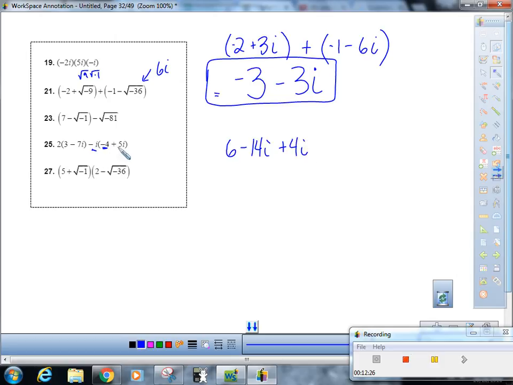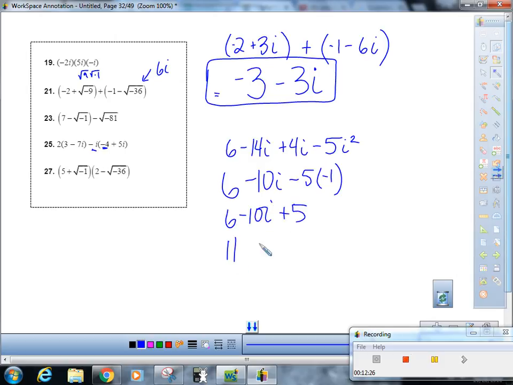A negative i times a positive 5i is a negative 5i squared. True? What's i squared again? 6 minus 10i minus 5 times negative 1. That is a 6 minus 10i plus 5, 11 minus 10i.